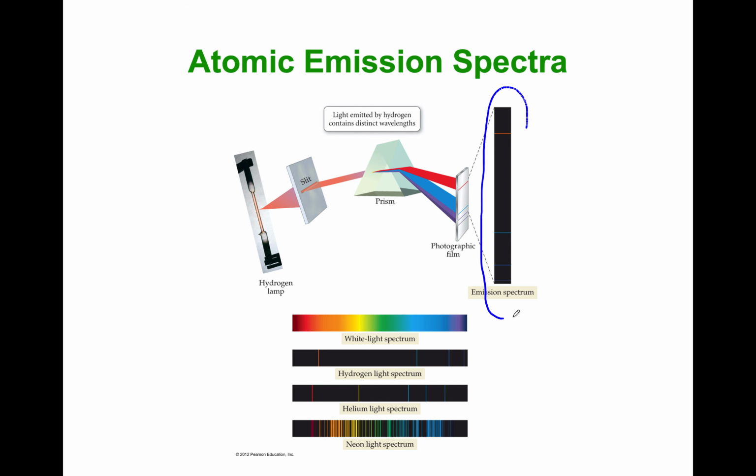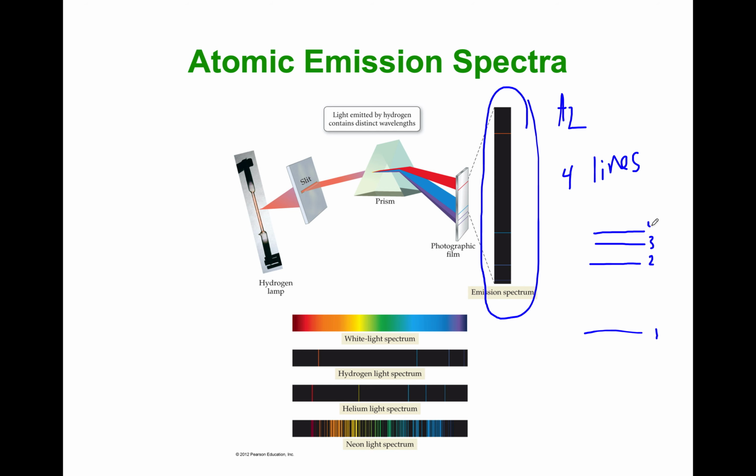So if you look here for hydrogen, you can see that it has 4 lines, and those coincide with energy levels that change. At times you're going to see energy levels listed like this, and we're going to make the transition to talking about electrons.